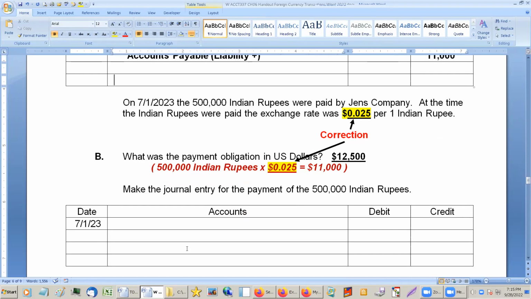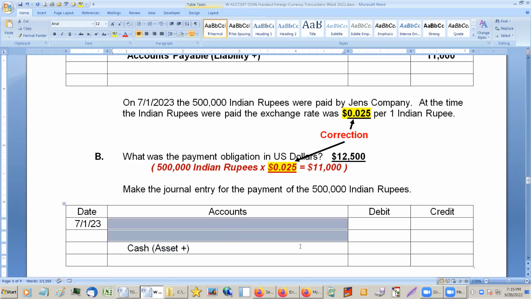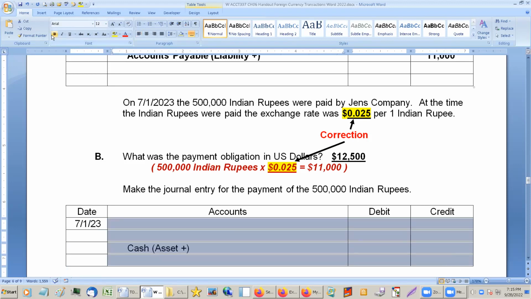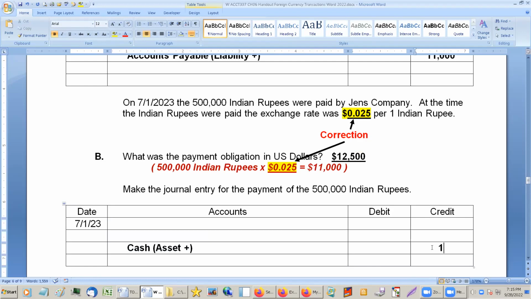Okay, so we have to send them cash of. Well, actually, we're not sending them cash. We're using our cash to buy the rupees and then sending them the rupees. All right.